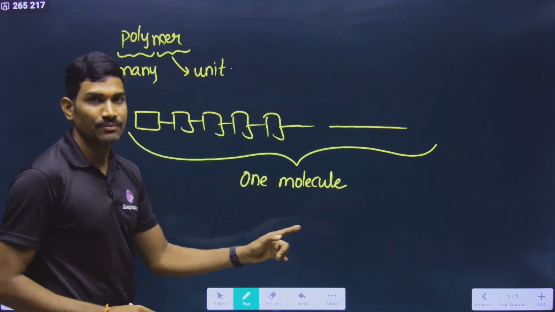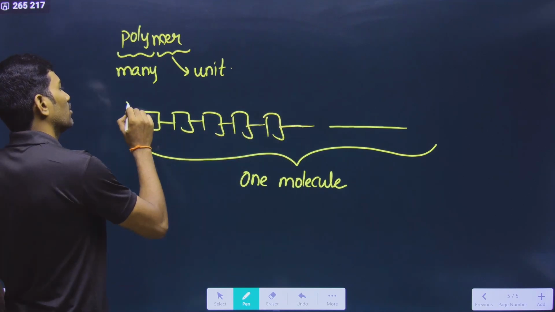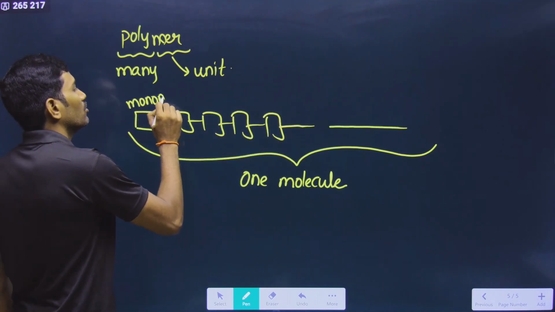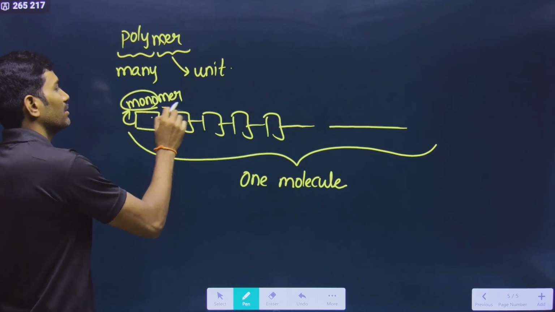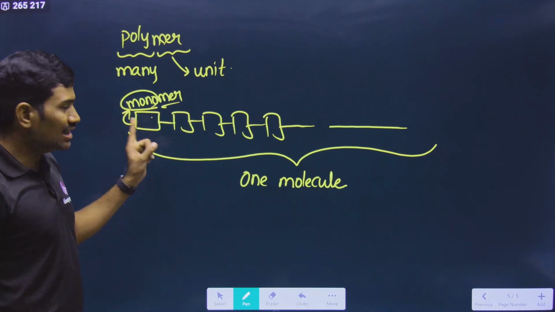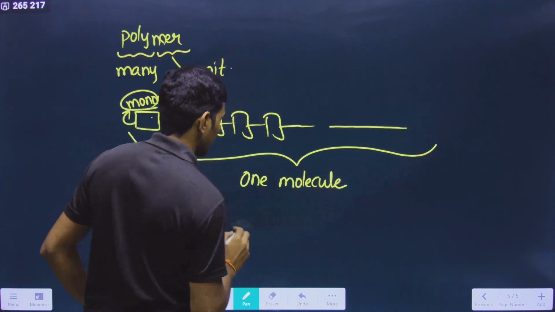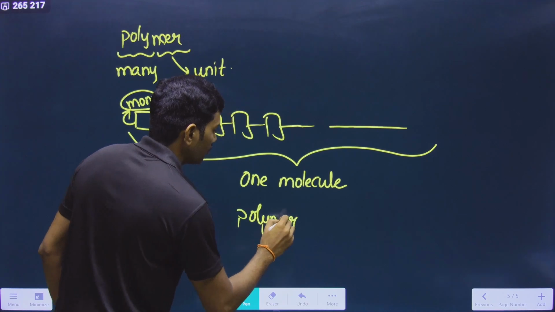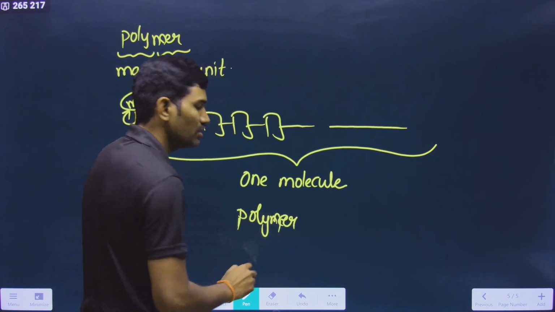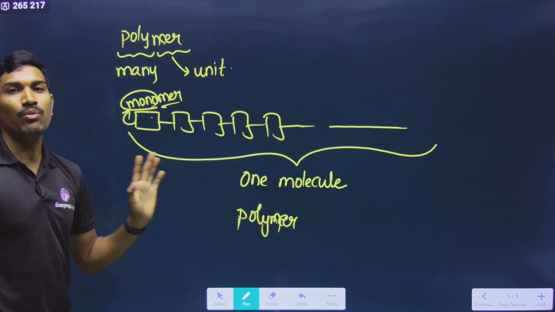Please observe carefully. Each unit is called a monomer. Mono means single. Mer means unit. A single unit is called a monomer. Likewise, many units will attach and they will form a polymer.